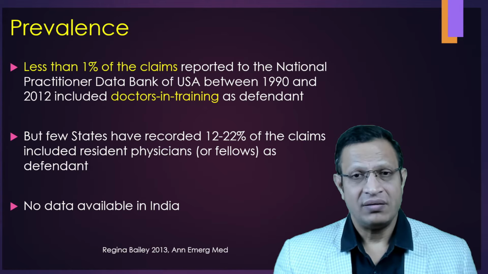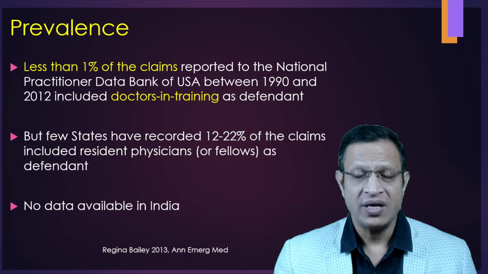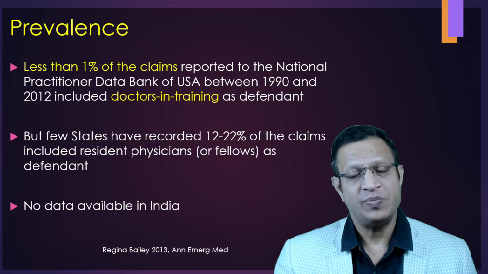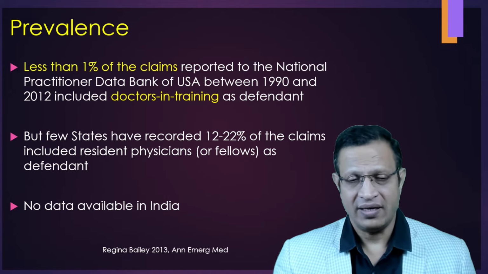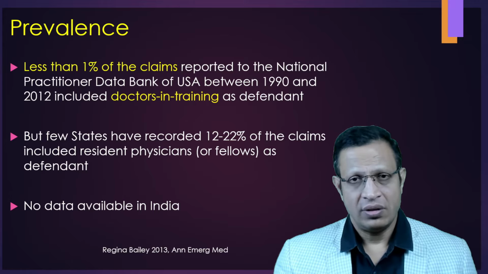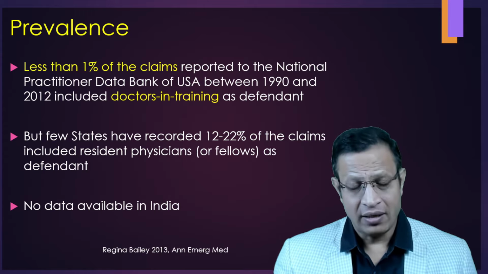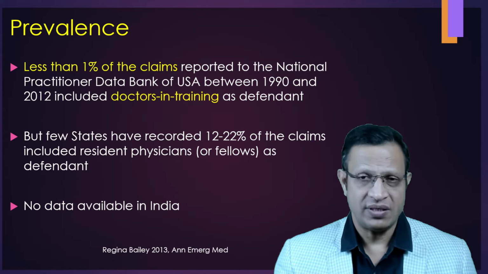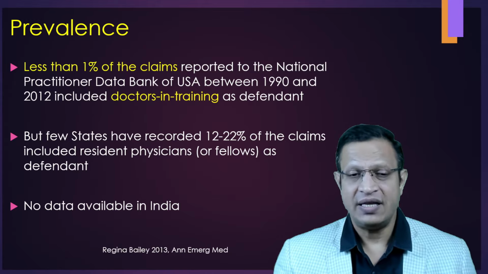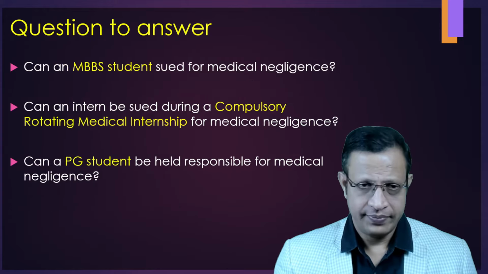That means 1% of claims have been settled in the US where an undergraduate or a postgraduate student has been named in the case. However, certain states talk about cases filed. It's not the settlement of a claim. The cases filed are somewhere between 12 and 22%. However, the chance that the patient may win is less than 1%. With regard to data from India, it is not available.